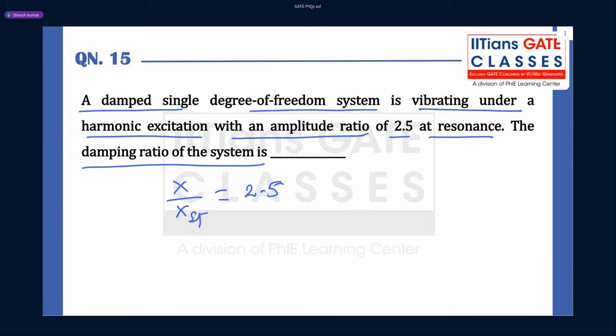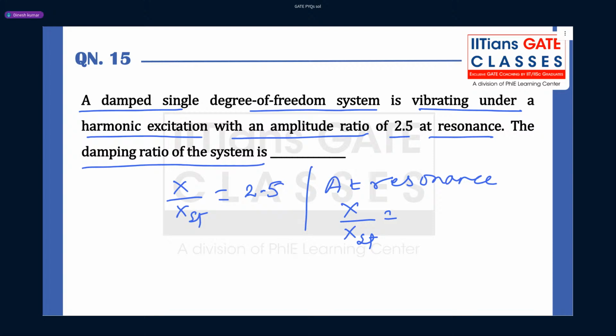And we know, guys, at resonance, what is the amplitude ratio, this x by x static, which is again known as the magnification factor? It will come out to be what? Anybody?